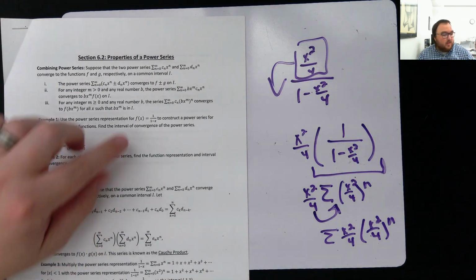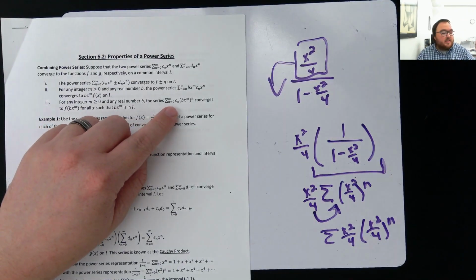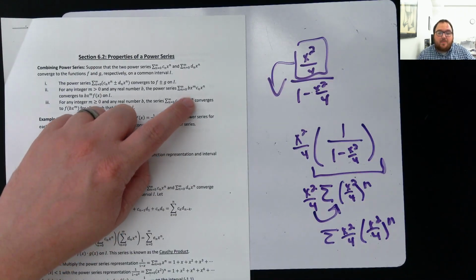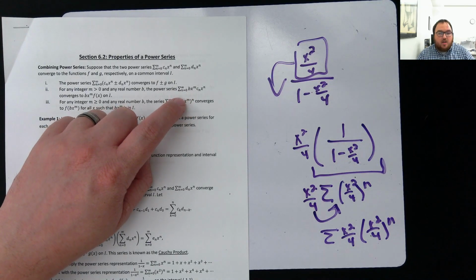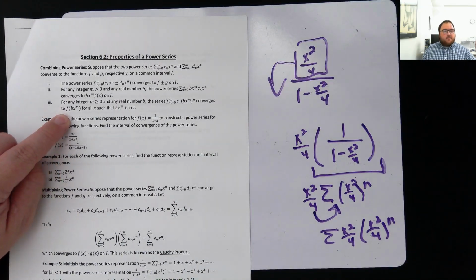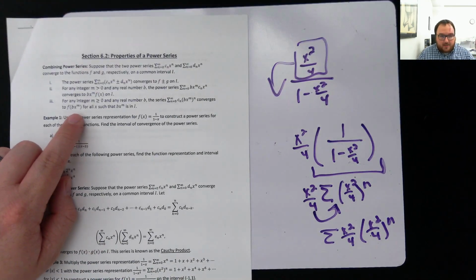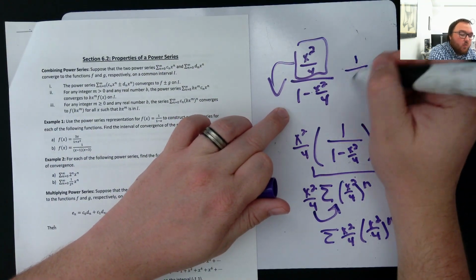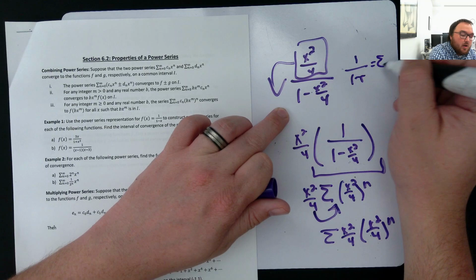Same thing with this one right here. The sum of Cn times bx to the m to the n. So I'm plugging something else in here. I can just do the function at that point, which is exactly what we did here. Because the rule we had used here was that 1 over 1 minus r is the sum of rn.